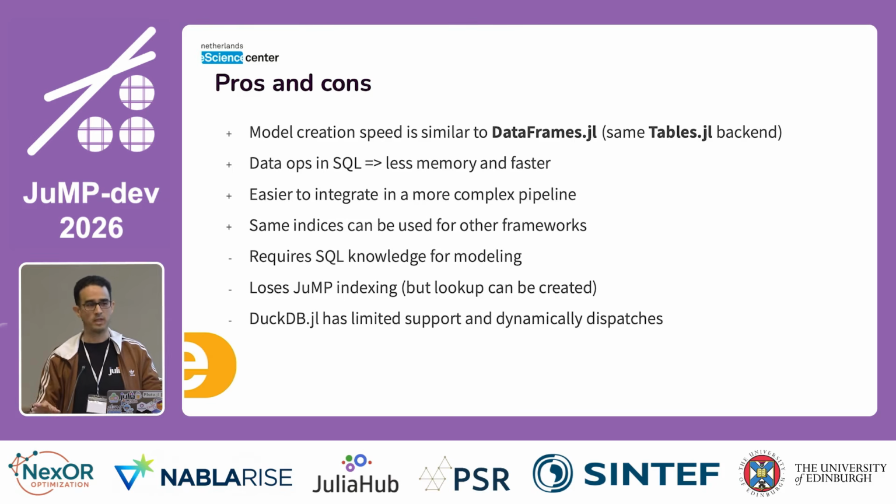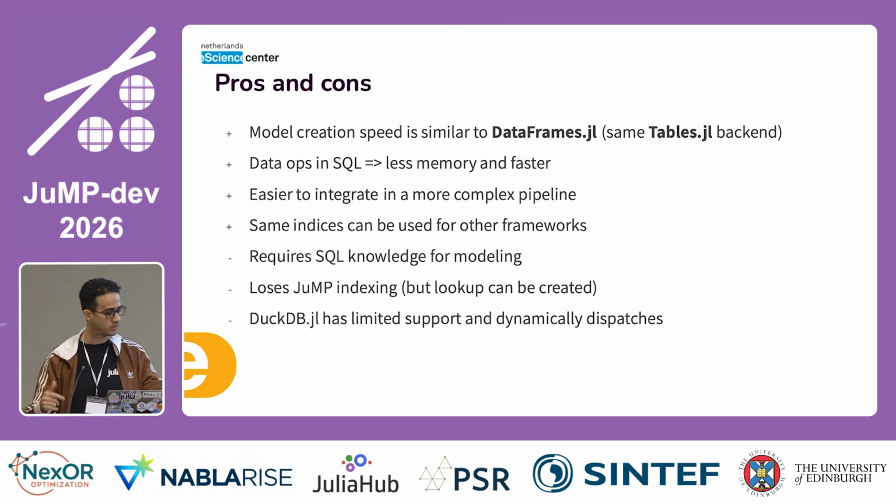In Tulipa, currently, things are much more integrated, in part because we started this later on, but also because we use Julia to compute some of the tables during model creation to do some later join. The downside is that it requires some SQL knowledge for the modeling. So of course, if you want to create a new constraint, you have to think about rows in a table instead of just thinking about the mathematical expression.